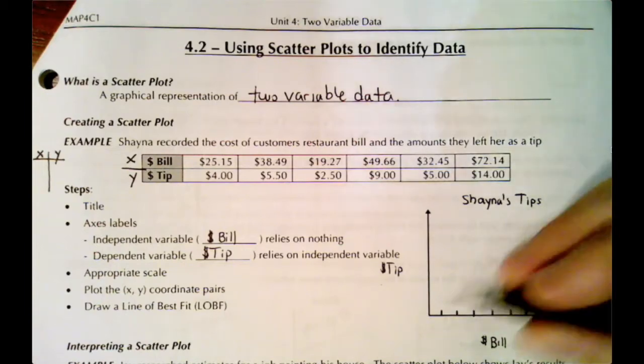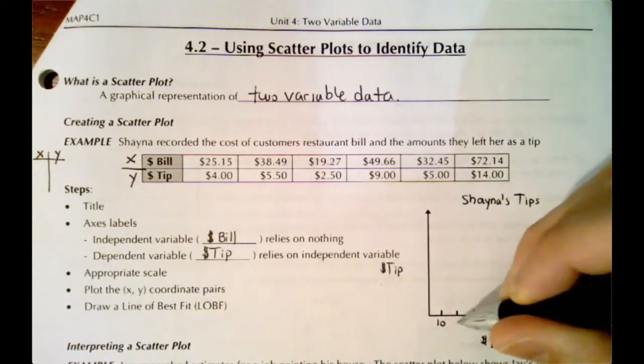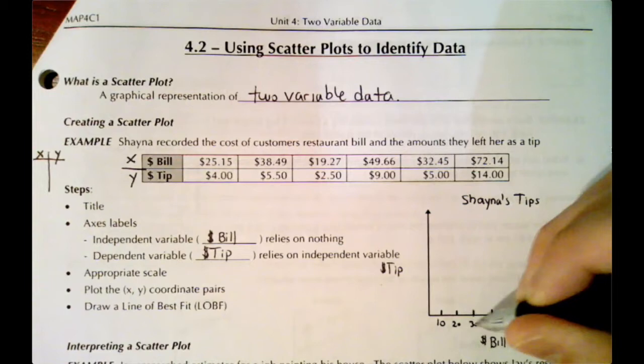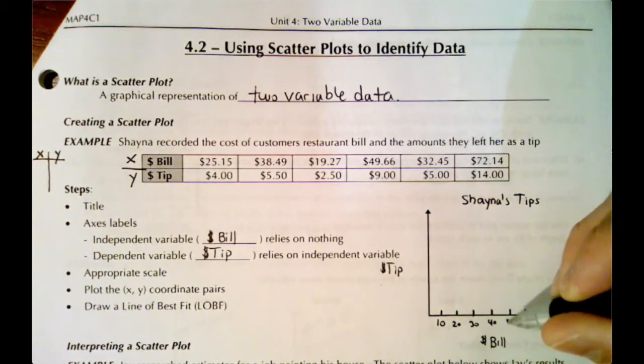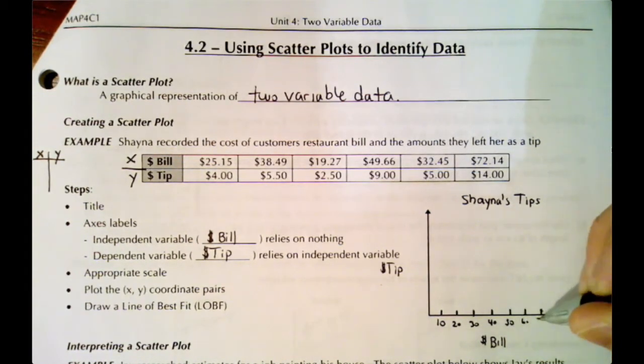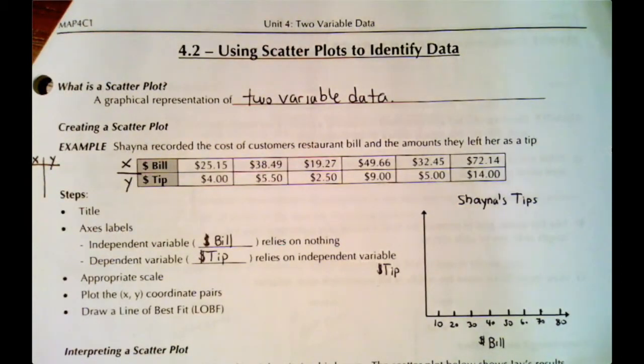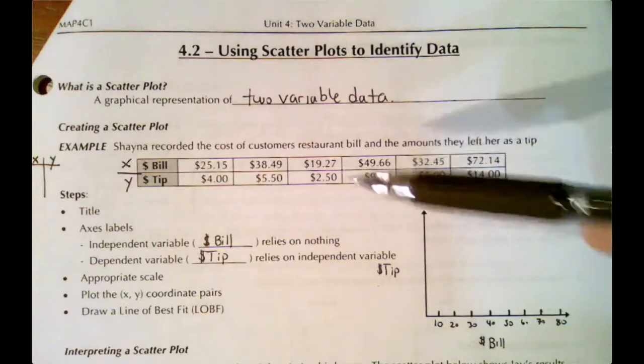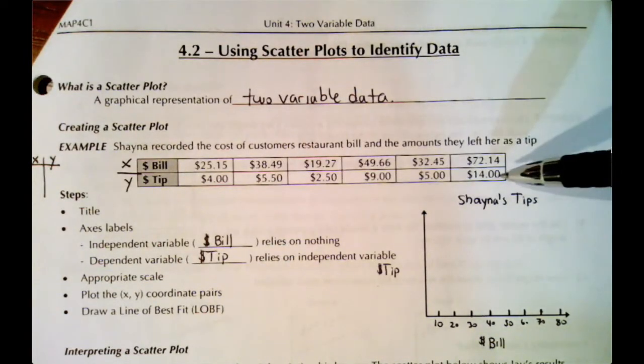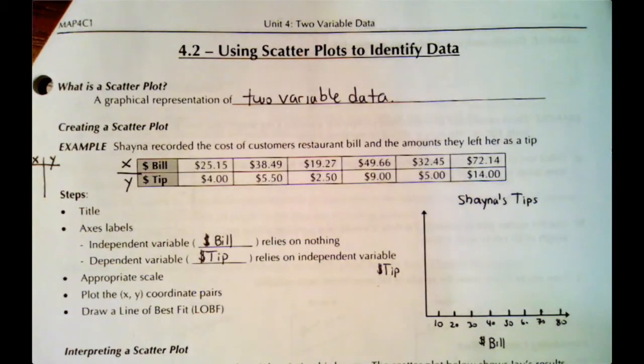We usually use graph paper for this, but I didn't have a grid on here. Just a little practice creating one. I think we've created scatter plots before, but let's give it a shot anyways. Tip. Our low tip was 2.50, our high tip was 14, so we got to go all the way up to 14.